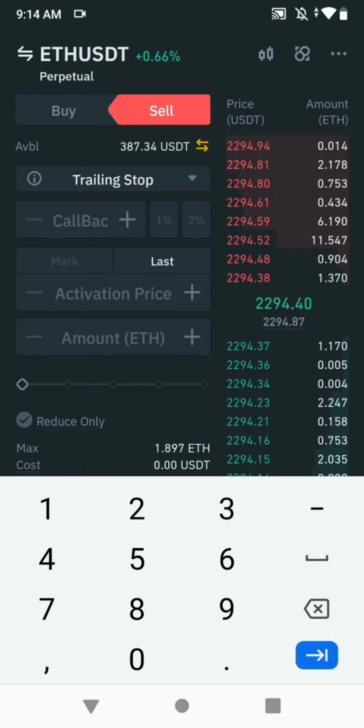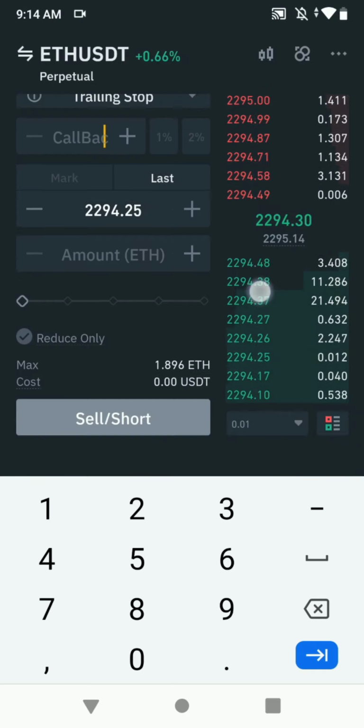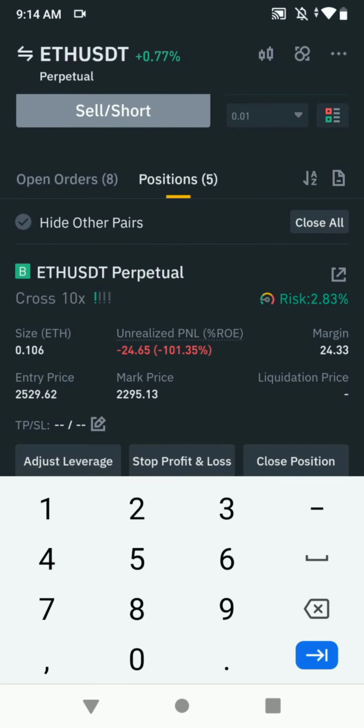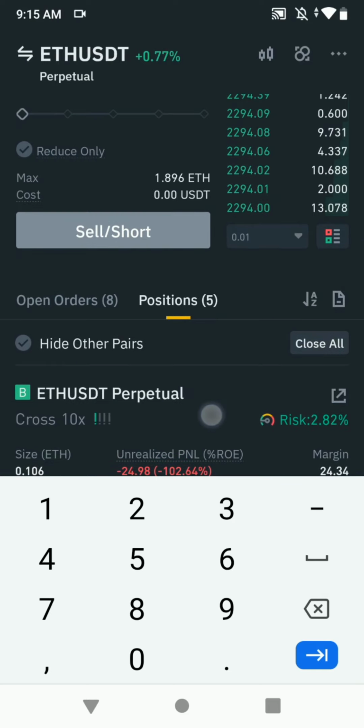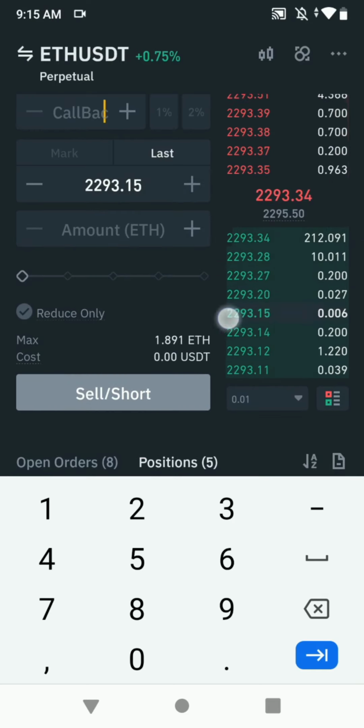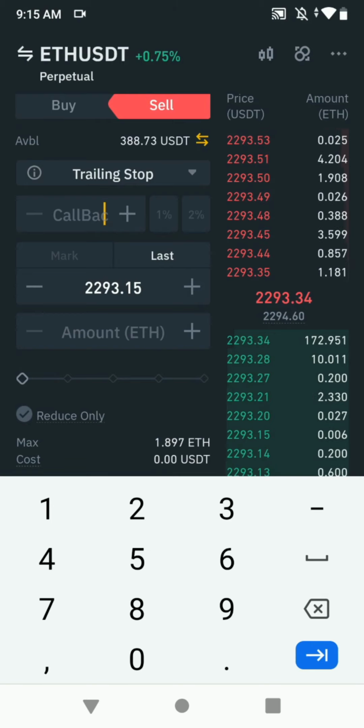If you want to set a trailing stop loss, you have to choose how much percent below that activation or market price you want to set the stop loss. Like in this trade of Ethereum, I have an entry of 2529. So I will only get in profit if the mark price crosses this entry price. So let me set a trailing stop loss for when the price of Ethereum goes to 2600.